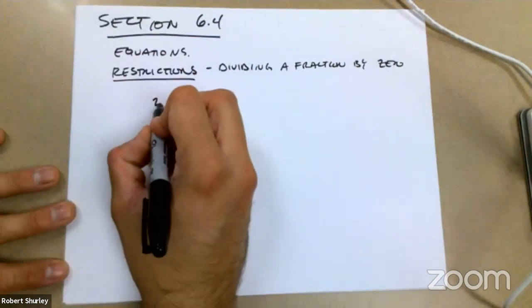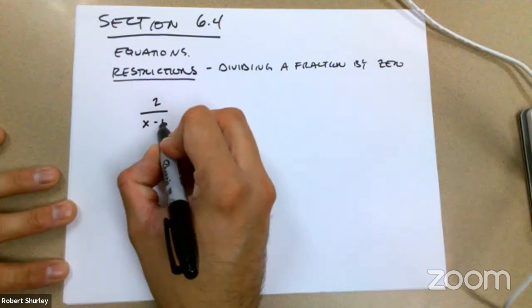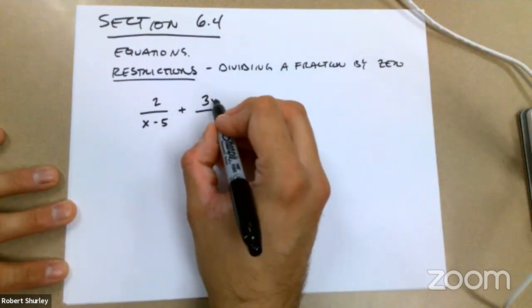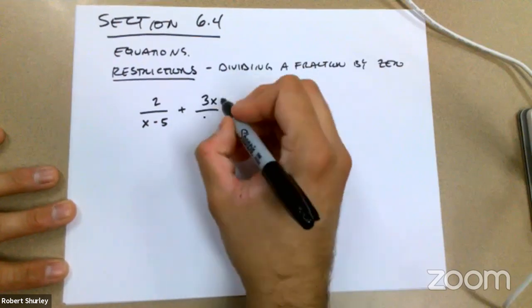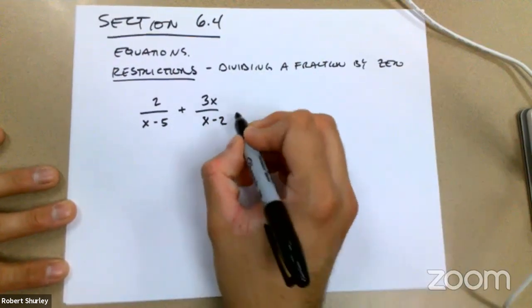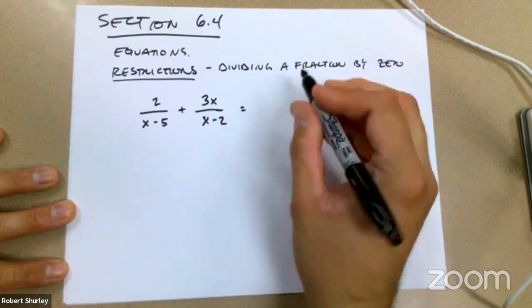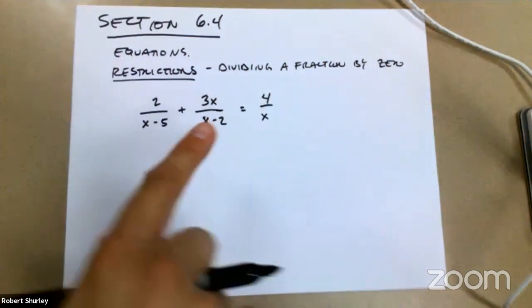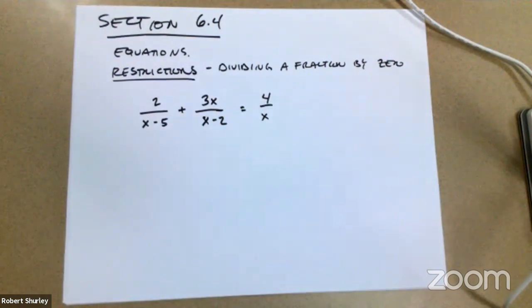So if I gave you, let's say, 2 over x minus 5 plus 3 over x minus 2 equals, let's say, 4 over x. And we're not going to get here right now. This is actually a pretty tough one. But for finding the restrictions, it's not a big deal.